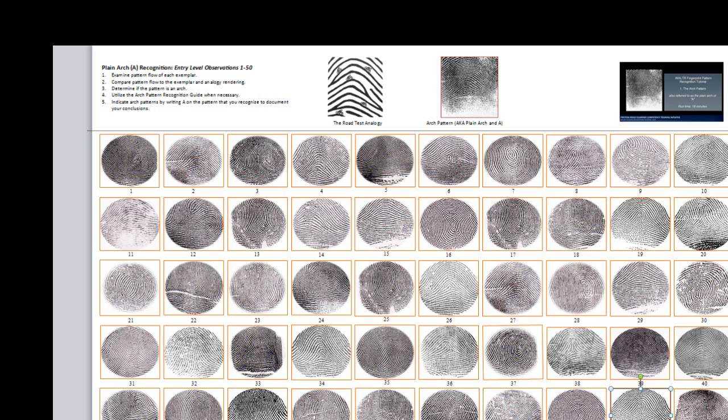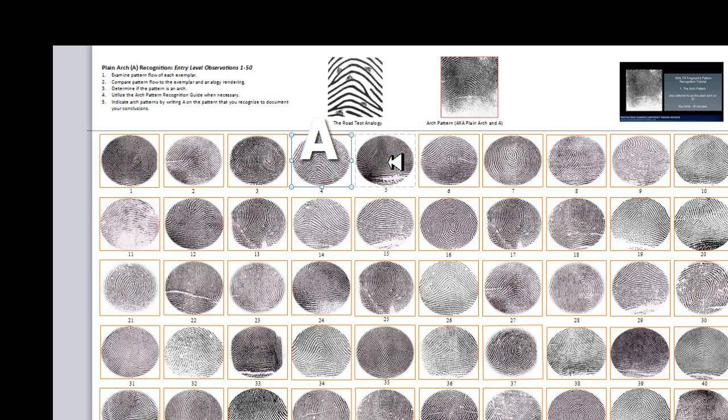Okay, I'm going to do a quick review of which of the patterns are plain arches, and you can check against your sheet. I'm looking at 1, 2, 3 are not plain arches. I'm looking at number 4 as a plain arch.